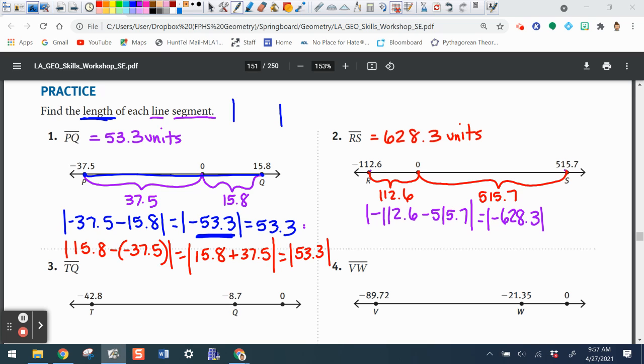And again, with absolute value, we always change the number to positive. But just keep in mind what absolute value really means is how far that number is from 0. So how far is the number negative 628.3 from 0? Well, it's 628.3 units from 0. And we arrive at the same answer that we did on our first method. Let's take a look at number 3 now.